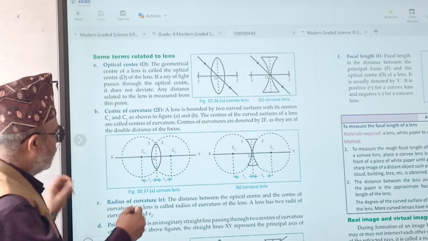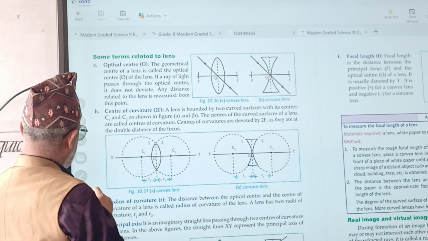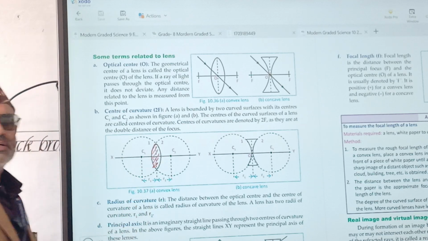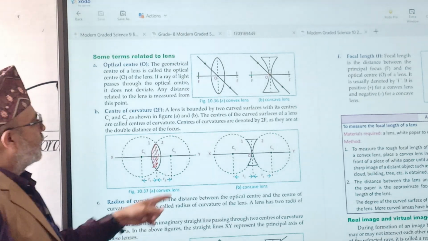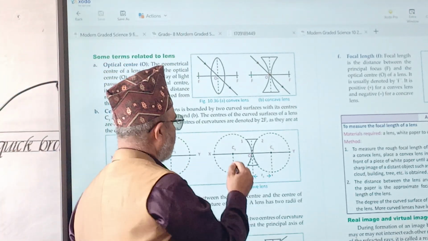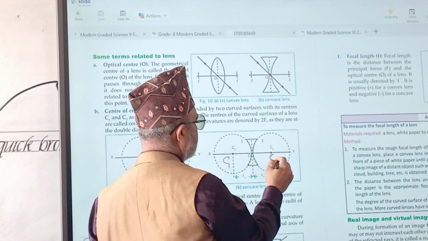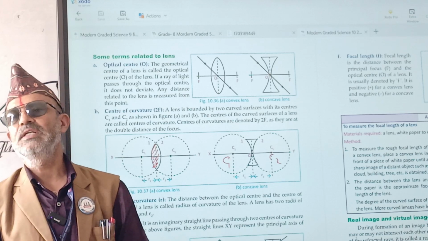See here, these two spheres overlap, and what is formed? It's just like a disjoint set or overlapping set. Overlapping, they overlap. And over here, disjoint. And here also there are two imaginary spheres. This is C1, and what is this? C2. What are those centers called?